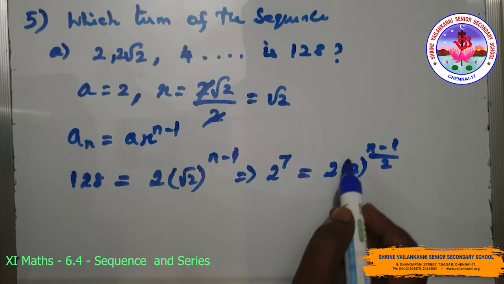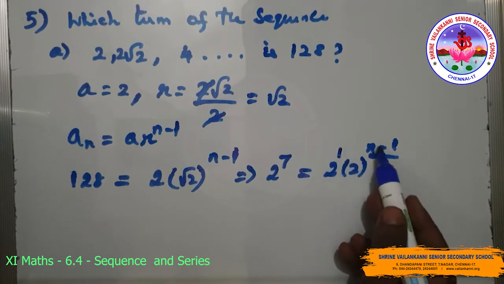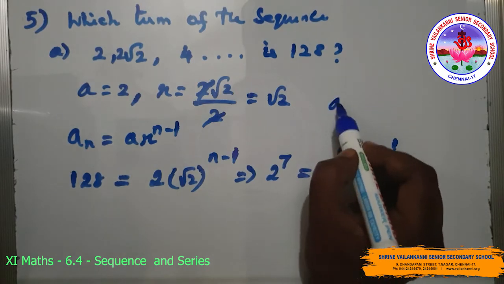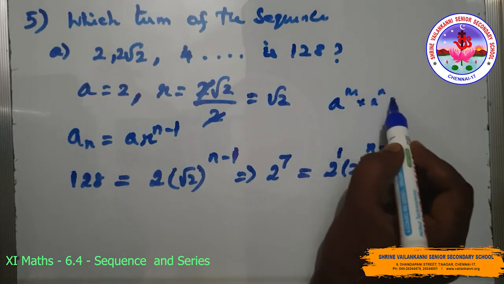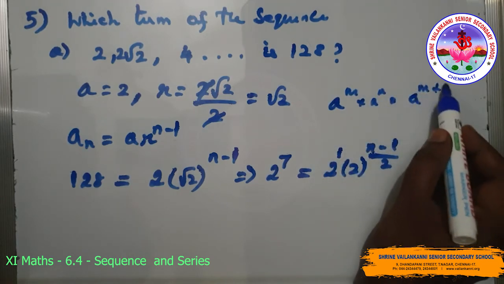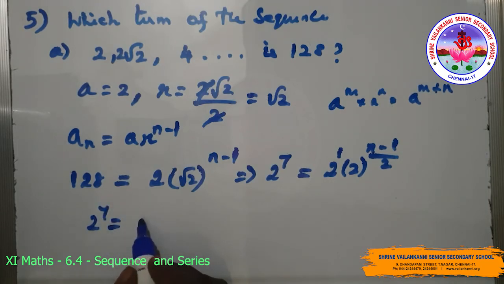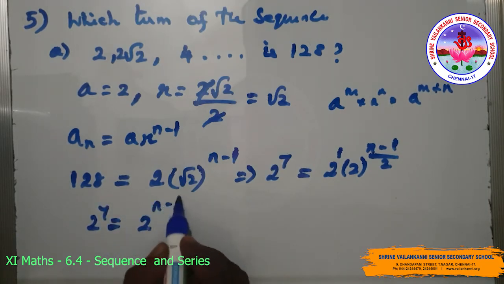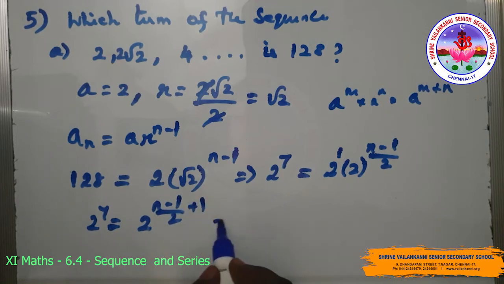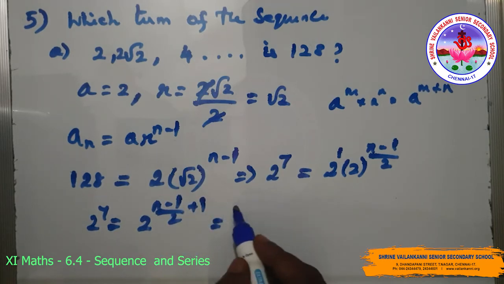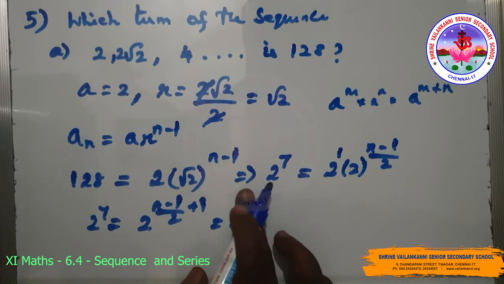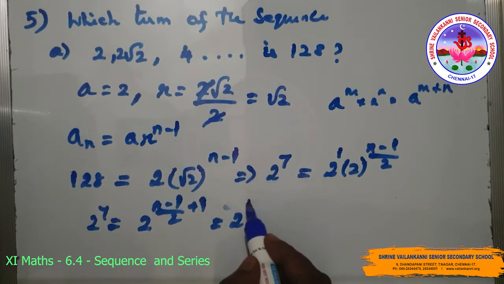Adding, 2 power 1 into 2 power n minus 1 by 2, using the formula a power m into a power n equals a power m plus n. So 2 power 7 equals 2 power n minus 1 by 2 plus 1, which is equal to 2 power n plus 1 by 2.